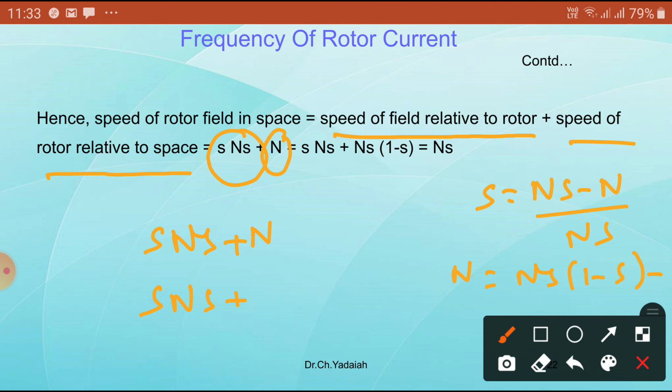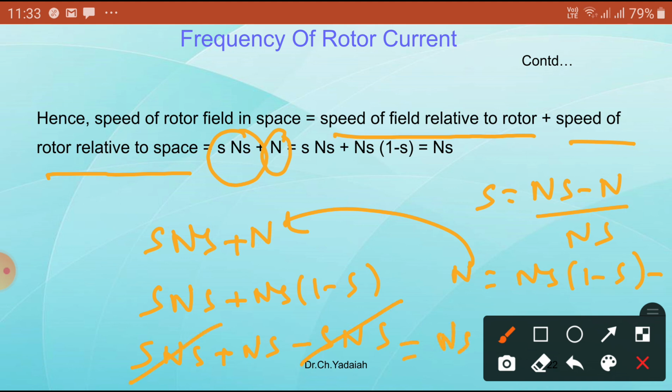Substituting in this one, we get s into Ns plus Ns minus s into Ns. This one gets cancelled, so we get Ns only.